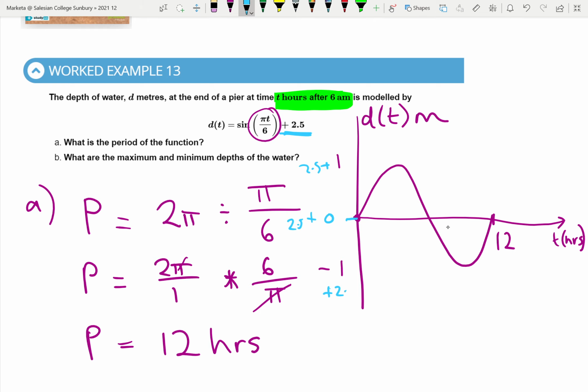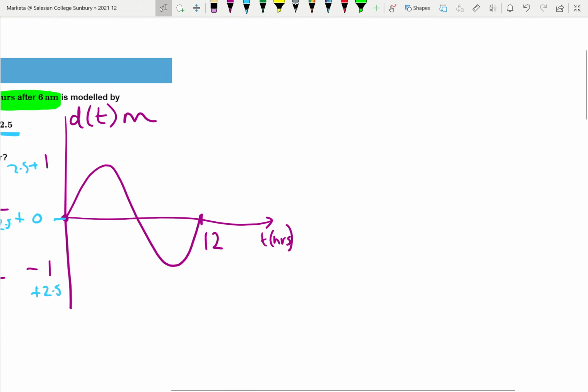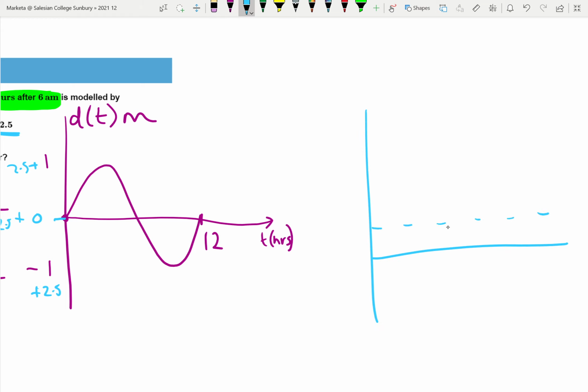So we're going to end up with something that looks like this. So 1 plus 2.5 is 3.5, and 0 plus 2.5 is 2.5, and -1 plus 2.5 is 1.5.